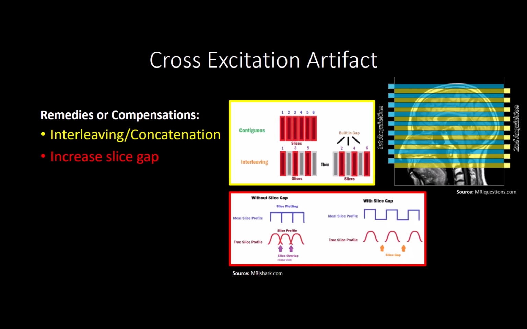You can increase the slice gap where you don't get this cross-excitation overlap, and most acquisitions have about a 10 to 20% slice gap to prevent this artifact from occurring. However, the downside to this is that you potentially could miss a small metastatic lesion in the brain that was in between the slice profiles.